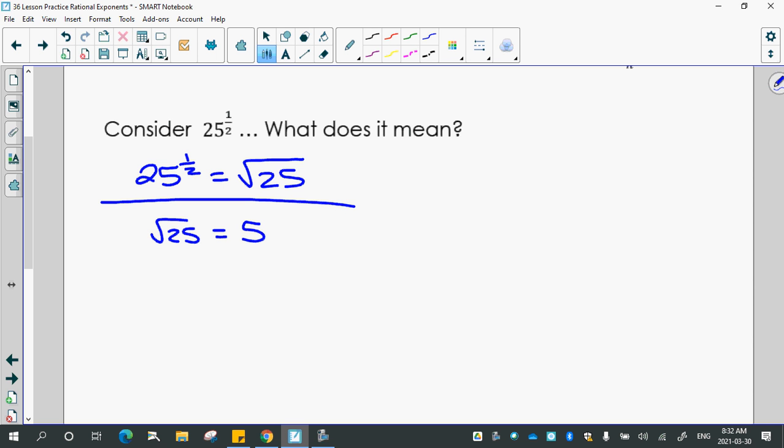We just consider the positive square root. And that's because 5 squared is 25, and square and square root are inverse operations. So the square root of 25 is 5 because 5 to the power of 2 is 25.